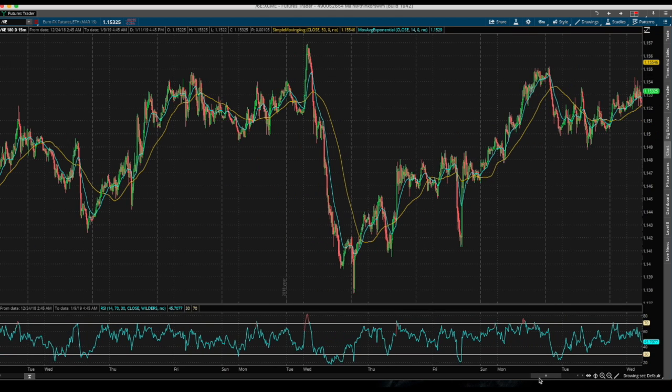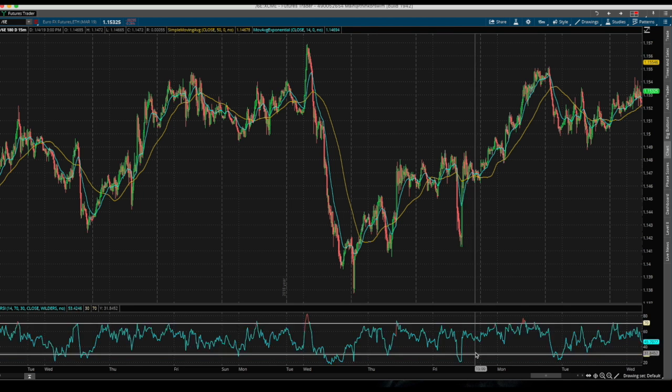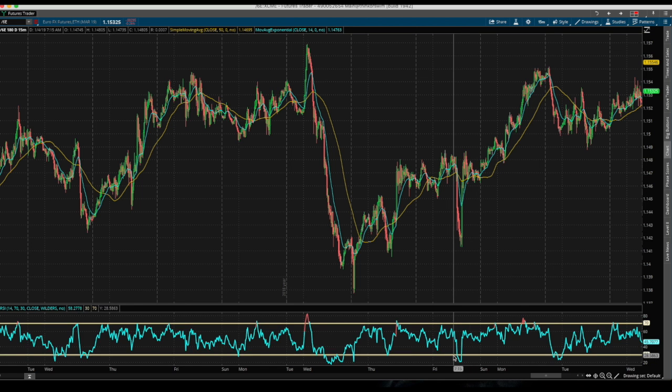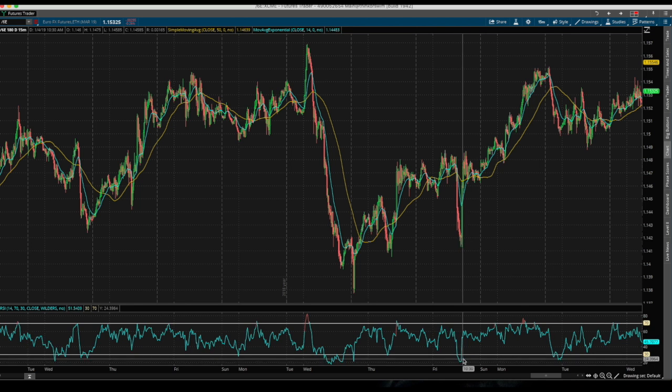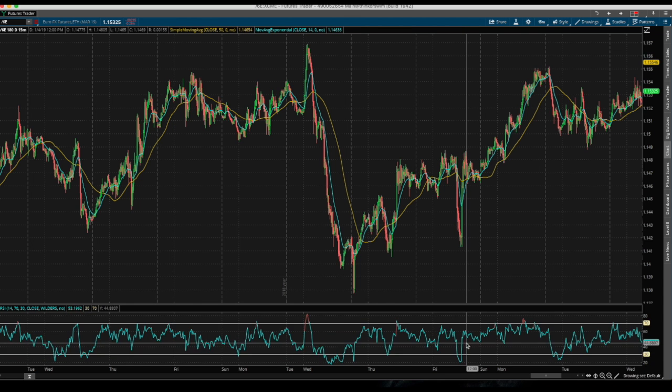So let's take a look right here. All right, massive expansion upwards. What you want to do is, when it dips below the 30, this is the 30 mark line for oversold, you could buy right here, but what you want to wait for is for when it crosses back past the line. That's when you make your buy, and you see what happened: expansion.